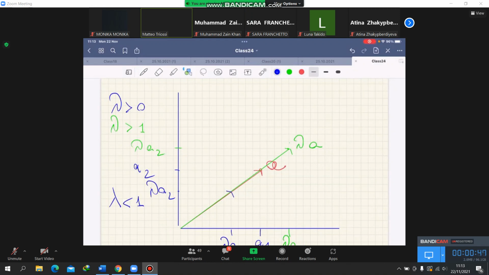Here. And sure. Sure. So it's lambda A. The two lambda are different, so call it lambda hat.